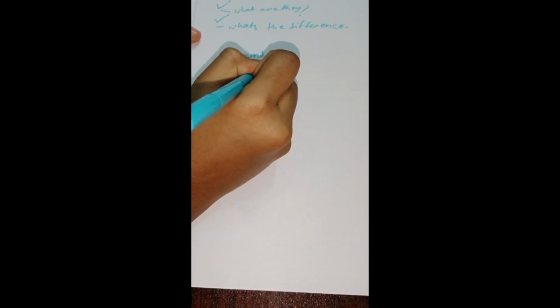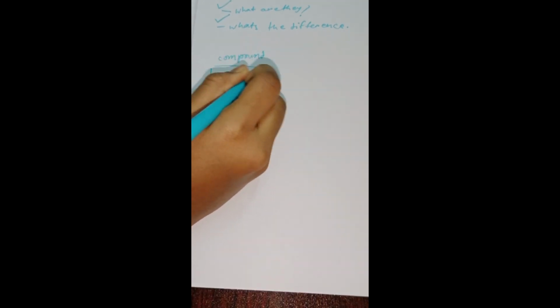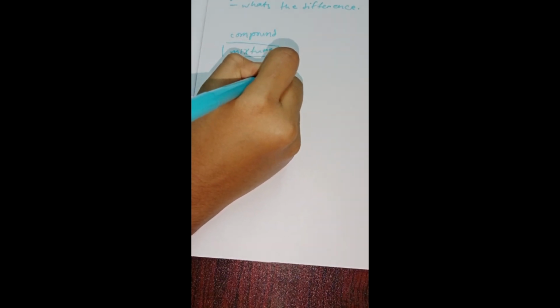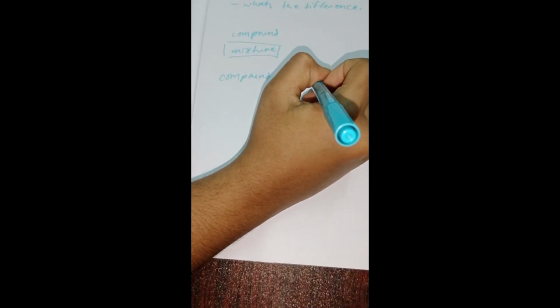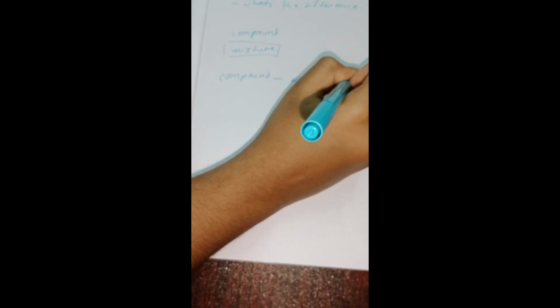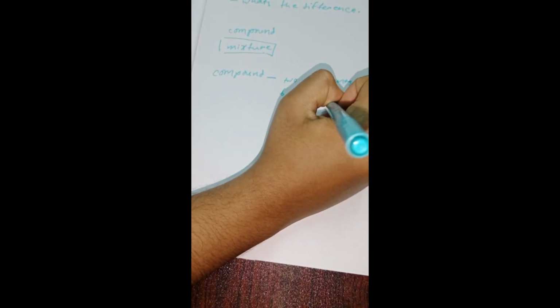Speaking of mixture, we all know that when two things are mixed together, right? But according to chemistry, compound means when two atoms, two or more atoms, let's say two elements, are bonded together.